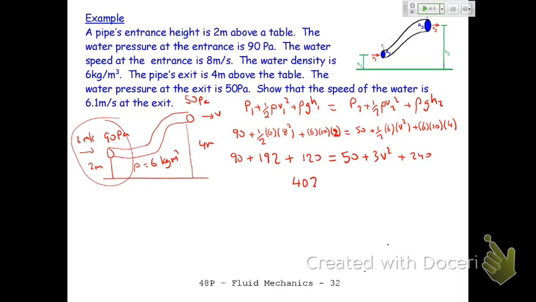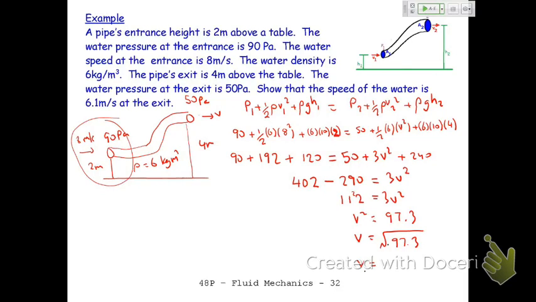Can you check me on that? Yeah. Minus 290 is equal to 3v squared. So that's going to be 112 is equal to 3v squared. So v squared is equal to, that's 112 divided by 3, right?